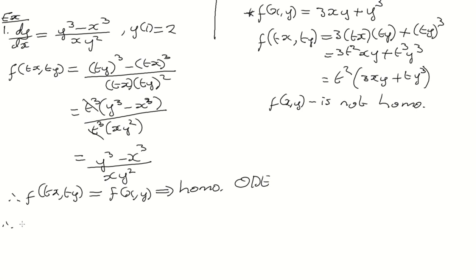The derivative there would give me v plus x dv over dx is equal to, where there is y, I put vx, minus x cubed all over x, where there is y, I put a vx. Then I continue from there.